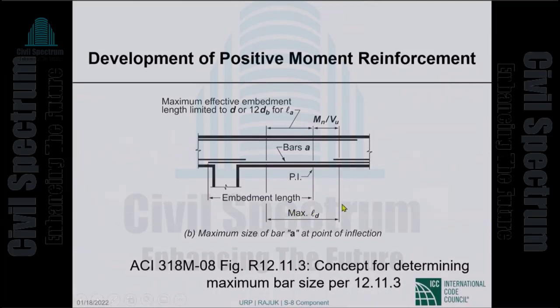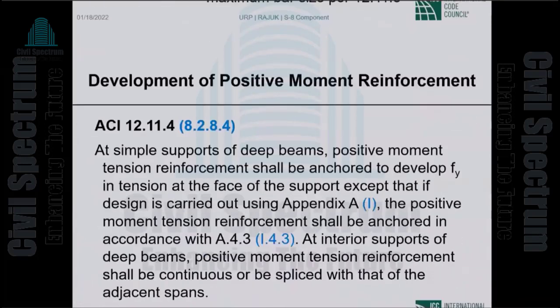So the maximum development length is from here to there, M sub N over V sub U in one direction from the point of inflection, and 12 bar diameter or D sub B in the other direction from the point of inflection, the two added up to the maximum development length. So the bar diameter cannot exceed a certain value, which will take the required development length beyond the maximum development length.